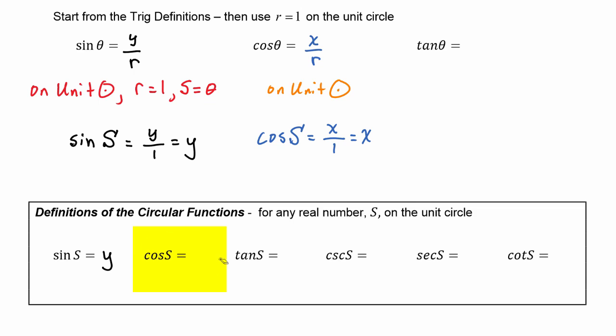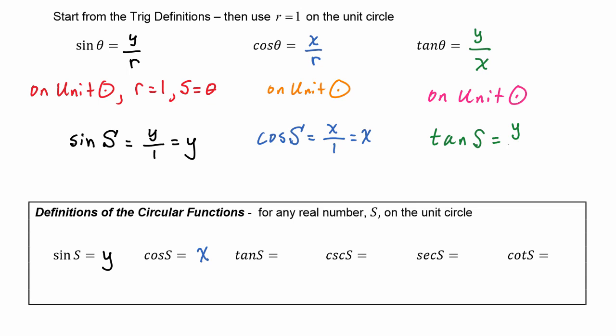So we can come down here and say cosine of S is equal to x. Tangent of theta, using the trig definitions, is y over x. On the unit circle, the only substitution we can make is that theta becomes S, so the tangent of S is equal to y over x. And we can put that down here in our definitions.